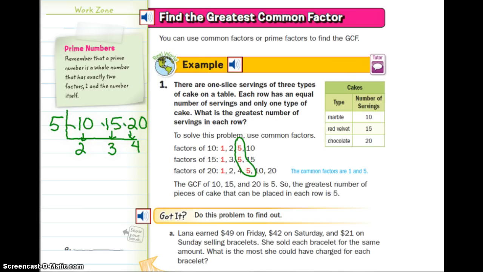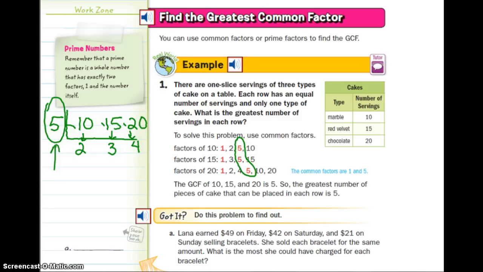Now, we have to look at these numbers, 2, 3, and 4. Do they have something in common, all of them? We know that 2 and 4 do, but does 3 have it in common with 2 and 4? The answer to that is no, because we know that 2 and 3 are prime numbers. So then we circle our greatest common factor.